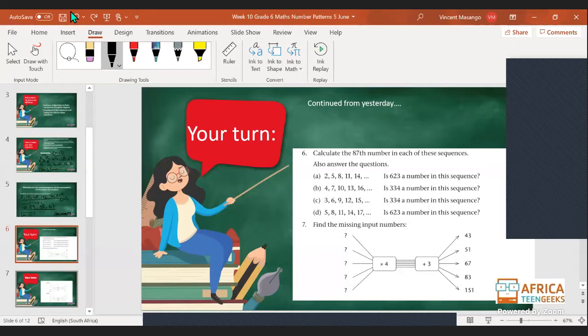So let's look at the first one. What can we say is happening there? We've got 2, 5, 8, 11, and 14. What is happening there? What is the pattern?